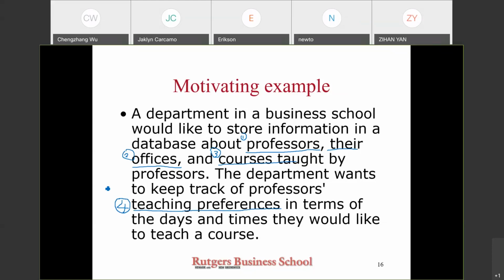Obviously, the same course can be taught by different professors, and a professor can be teaching multiple courses.